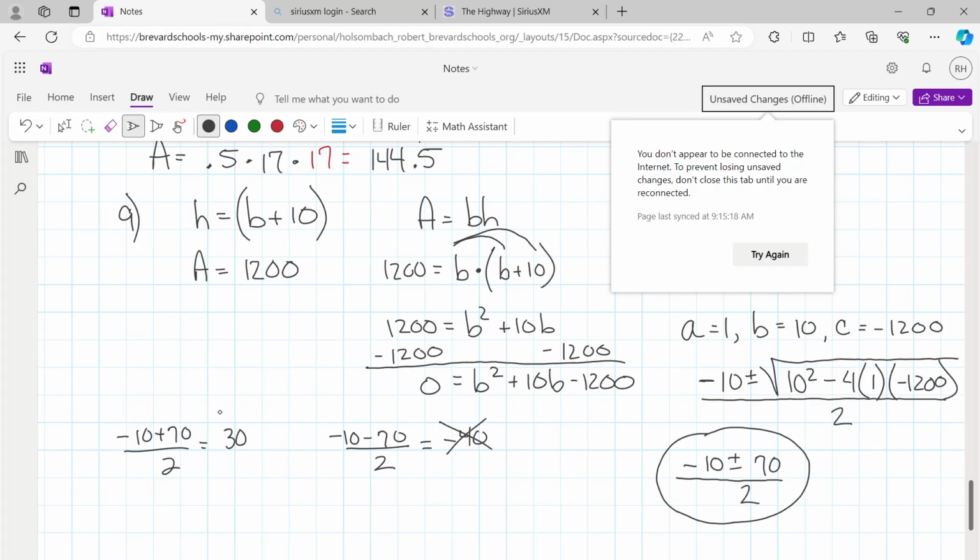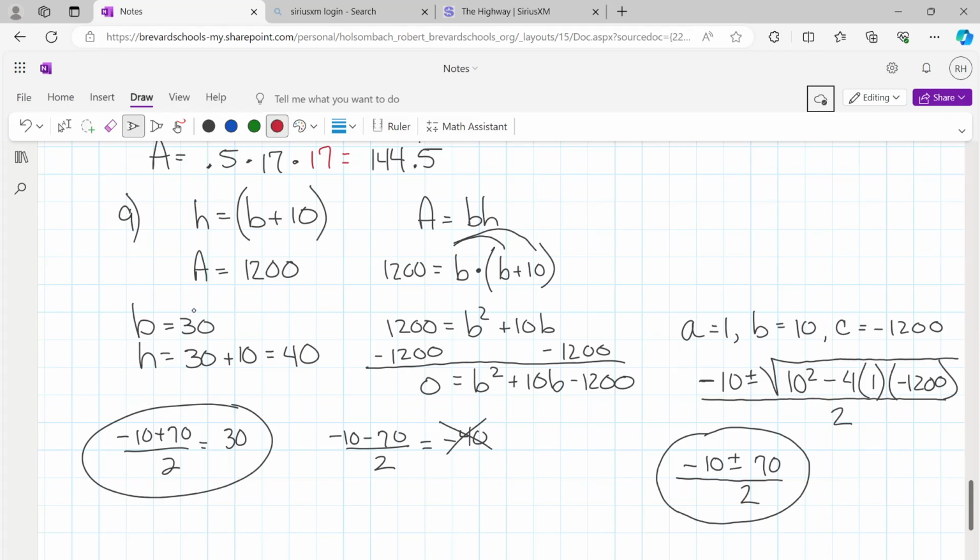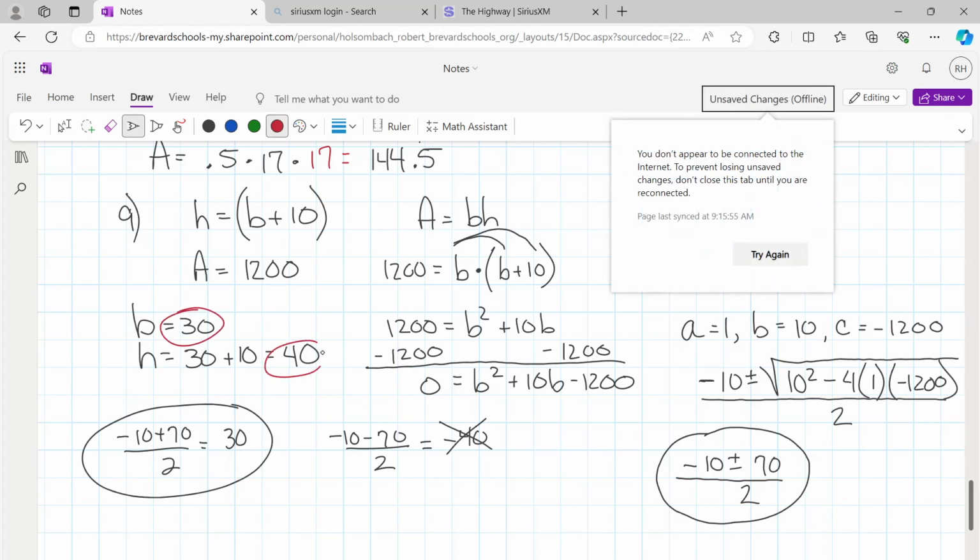So we're going to use a b that's equal to 30. All right, so our base is equal to 30. And our height is equal to our base plus 10. So our height equals 40. And if you want to check that, 30 times 40 equals the 1200.